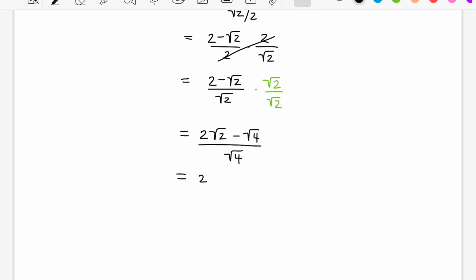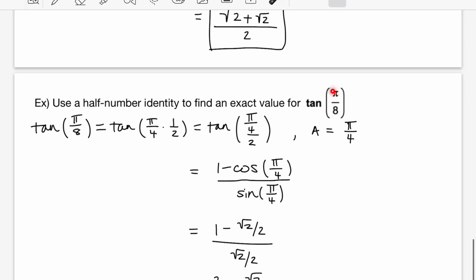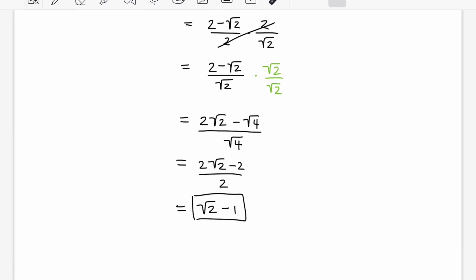This will give us 2 square root of 2 minus 2 all over 2. And then this 2 here is dividing this term and this term, so these 2's and these 2's will cancel. So we're just left with the square root of 2 minus 1. And so this will be our exact value for tangent of this angle here. Alright, so that'll be it for this video.